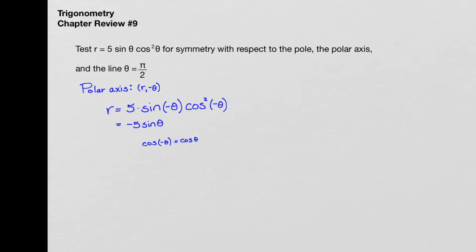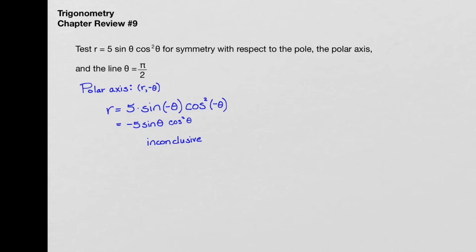So cosine squared of negative theta is just going to be cosine squared theta. And therefore, I get something that is, again, not equal to what we started with originally. So, again, my test is inconclusive.